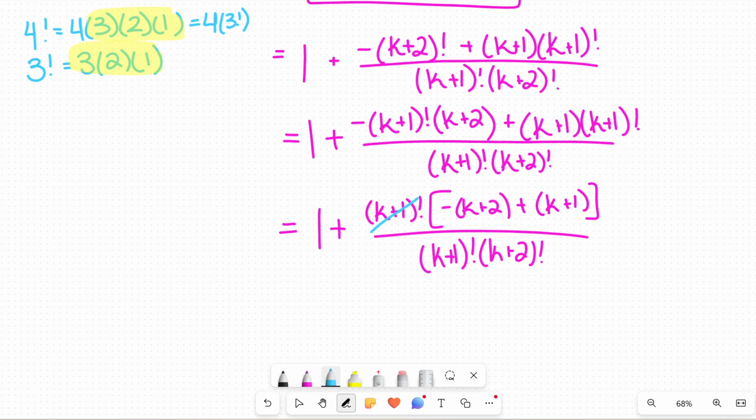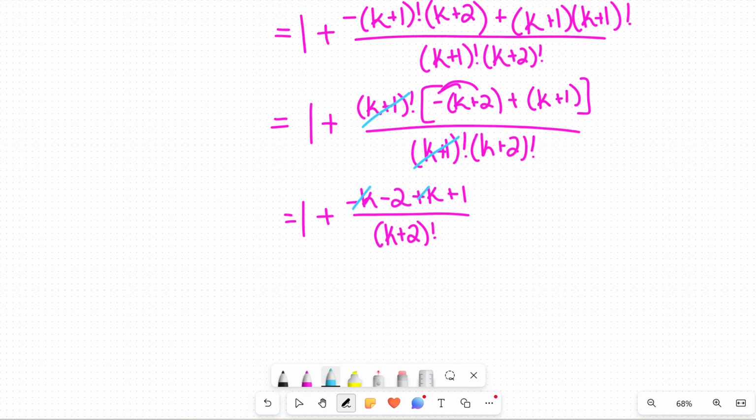And now I can go ahead and cancel these two terms out. So I'm left with 1 plus, I'm going to distribute this negative while I'm here, negative K minus 2 plus K plus 1 all over K plus 2 factorial.